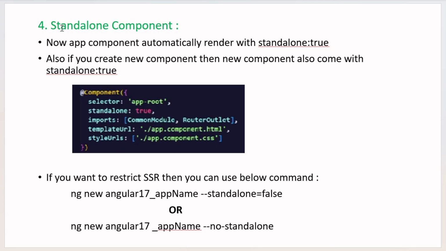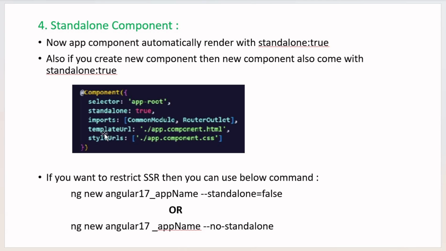Also, if you create a new component in the same application, then the new component also comes as a standalone component. Since there is no app.module.ts file available in the whole application, the newly created component will not be imported in app.module.ts. Rather, it will come as a standalone component.